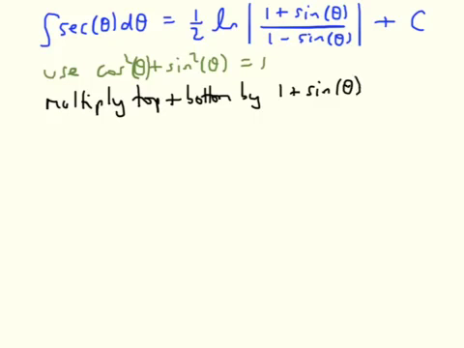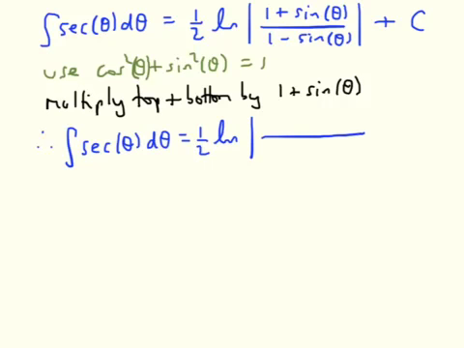And this tells us that the integral of the secant function with respect to theta is a half the logarithm of, and on the bottom we have 1 minus sine theta times 1 plus sine theta, and that's 1 minus sine squared theta, and on the top we have 1 plus sine theta multiplied by 1 plus sine theta again, so that's going to be 1 plus sine of theta all squared. So everything here in the brackets is squared.